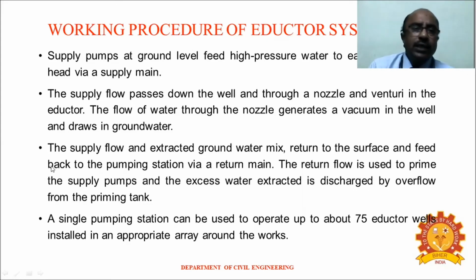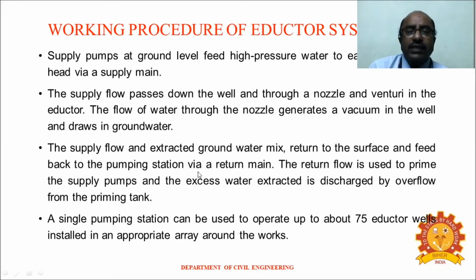And the procedure is we have the supply pumps at the ground level, which feed high pressure water to the ejector head through the supply main. The supply flow passes down the well through a nozzle that is called a venturi, and because of that nozzle with the high pressure water, it creates the vacuum at the bottom.